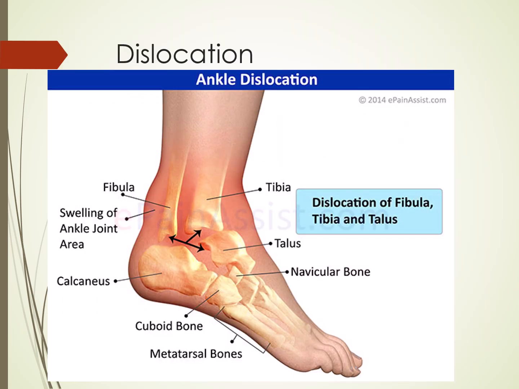Now, sometimes there is dislocation at the ankle joint. We can call it a simple dislocation or a fracture dislocation, which occurs due to forced external rotation or over eversion of the foot. What happens during this movement?